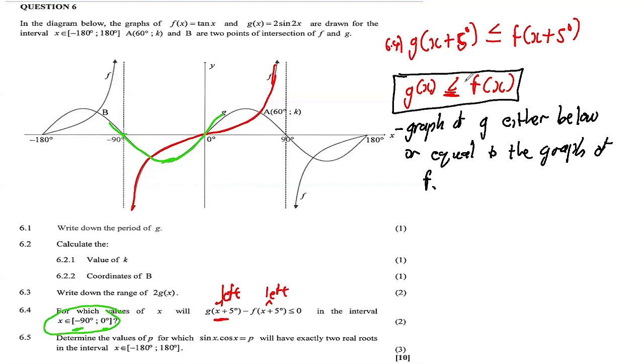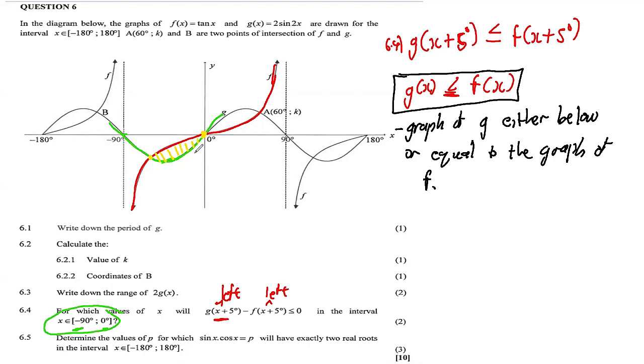Okay, so suppose we were just answering this question here. We would say, where is the graph of g either below or equal to the graph of f? Now we can clearly see that it is located just in between these points of intersection, because we can see the graph of f is the red graph, and the graph of g is the green graph.